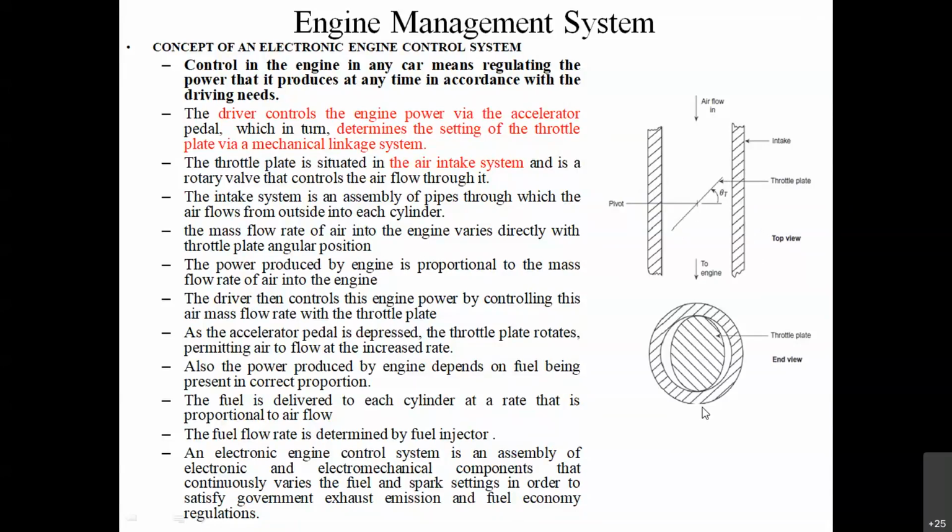So this is presenting the exact view of your throttle plate. This is the cylinder or pipe you can consider through which air is flowing, and within this the throttle plate position is changing according to the accelerator pressed by the driver, or according to the power that we want to generate from the engine.